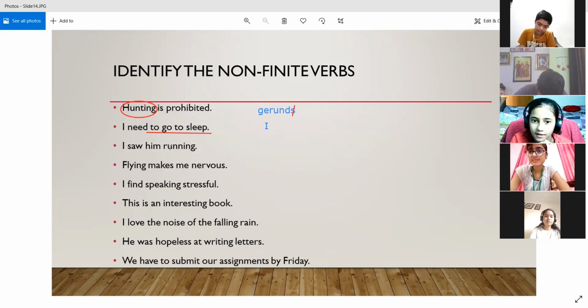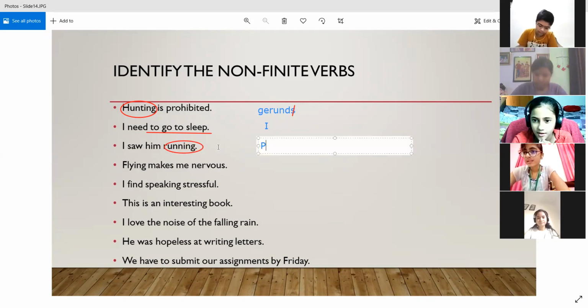So it is qualifying the verb saw. So over here, it is definitely not acting as a noun. When it is not acting as a noun, it is a participle. Sir, it is a present participle. Yes, present participle, obviously, because ing is present.